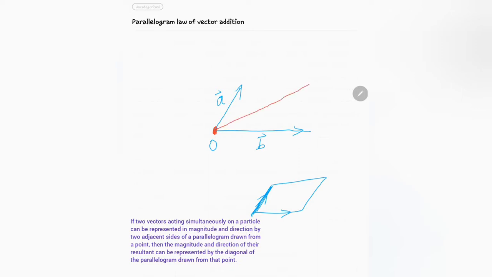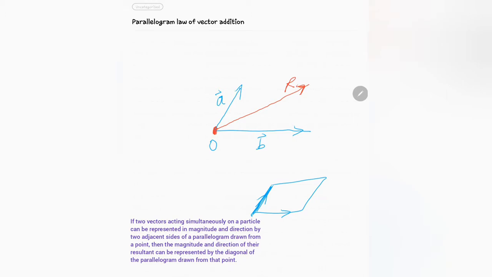So this one is the resultant vector. The length of the resultant vector represents the magnitude, while the arrowhead represents its direction.